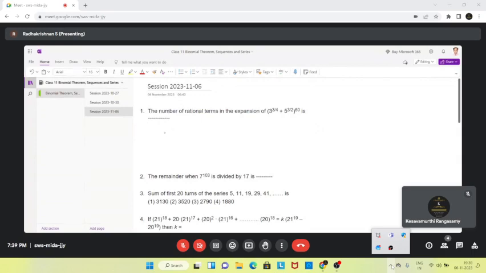So what you will get: the first term will be 3 to the power of 3 by 4, to the power of 60. This is your a.